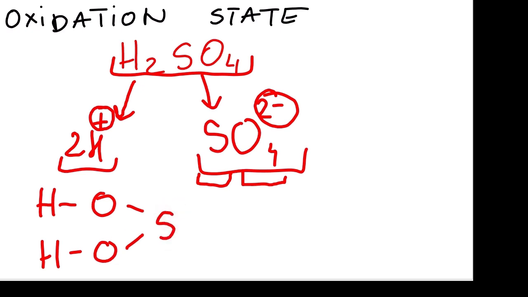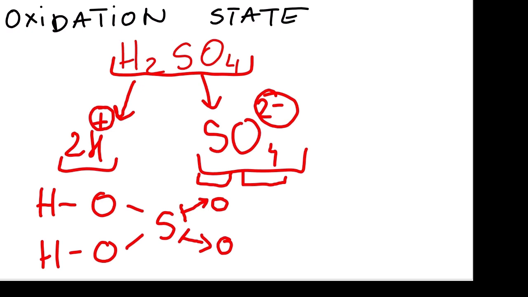Between hydrogen and oxygen there are polar covalent bonds. Between these atoms that you see, I mean these oxygen atoms and the sulfur atom, there are also polar covalent bonds. But here we have coordinate covalent bonds between the sulfur atom and these two last oxygen atoms.